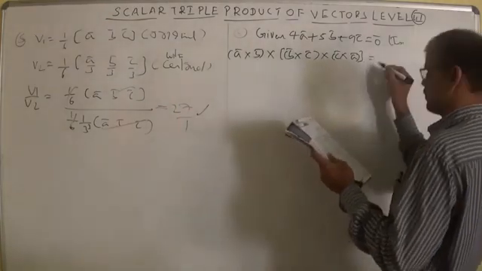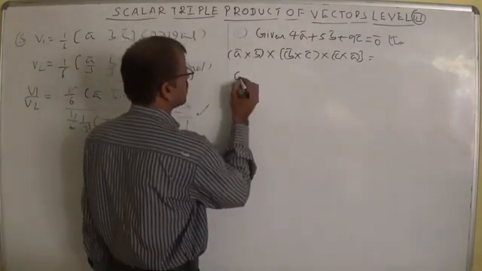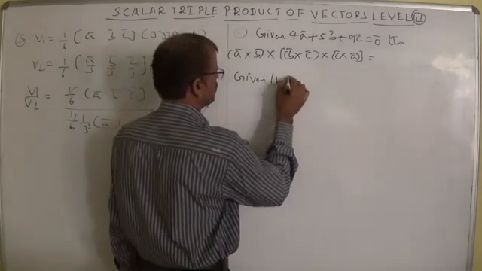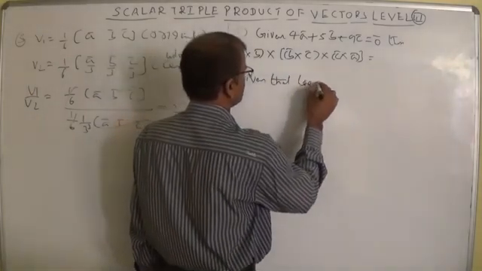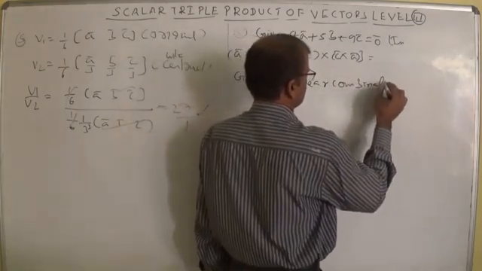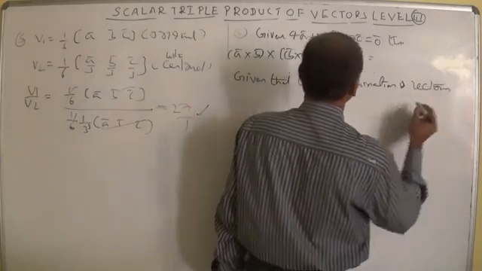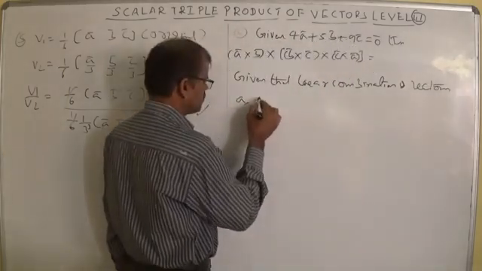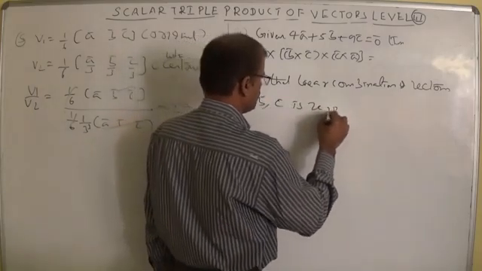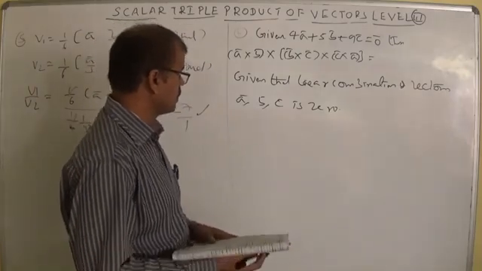You should try to understand that the given linear combination of vectors A bar, B bar, C bar is 0.